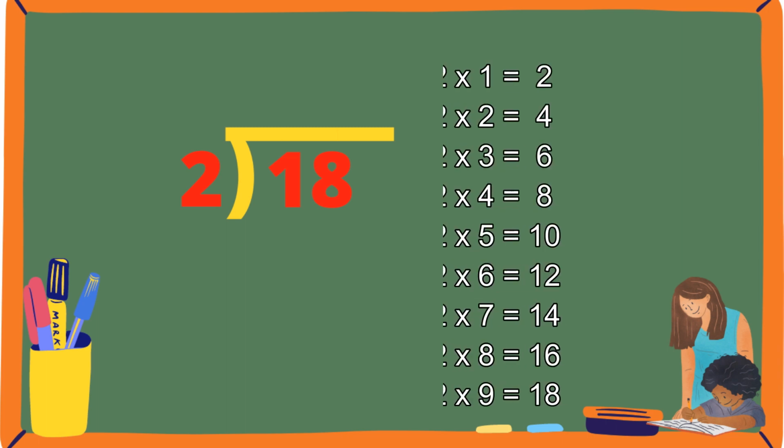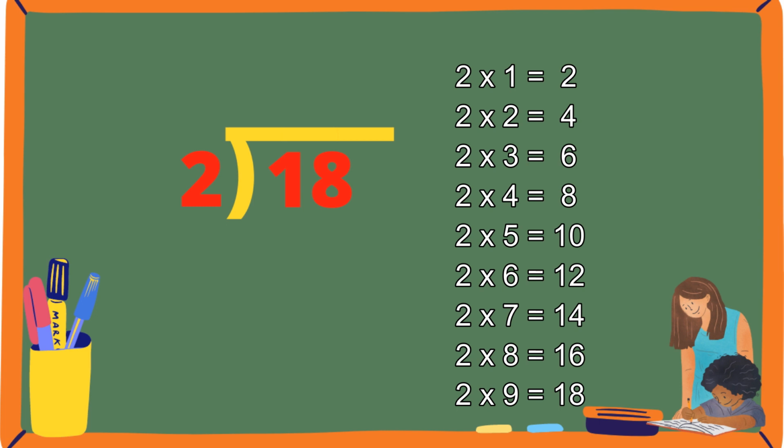Recall the table of 2 to find the answer or the quotient. 2 ones are 2, 2 twos are 4, 2 threes are 6, 2 fours are 8, 2 fives are 10, 2 sixes are 12, 2 sevens are 14, 2 eights are 16, 2 nines are 18.